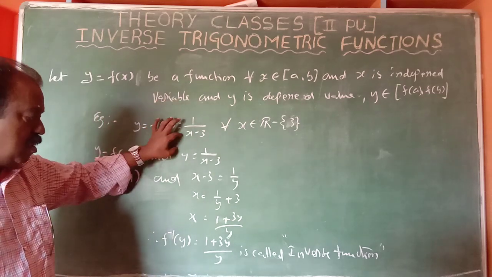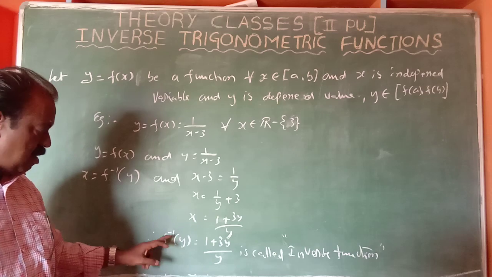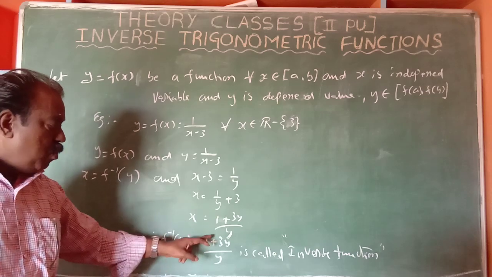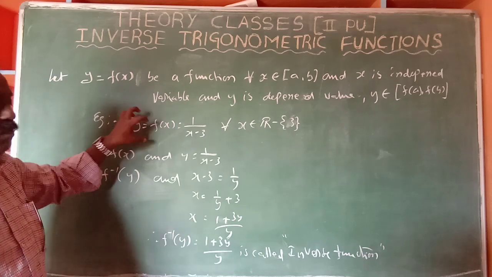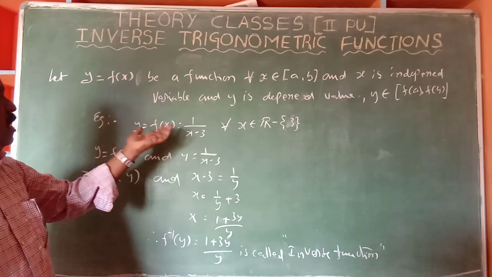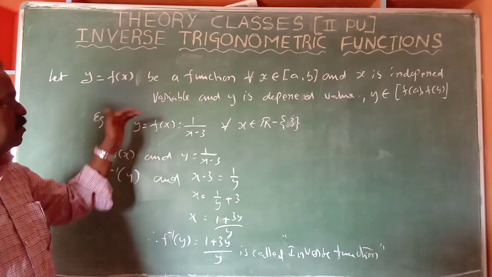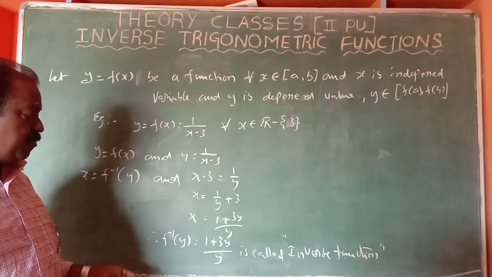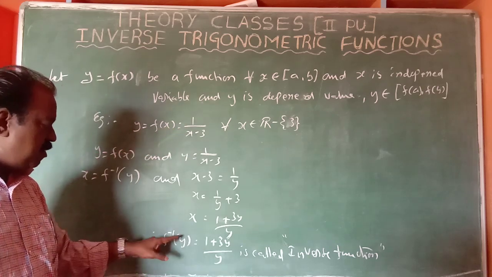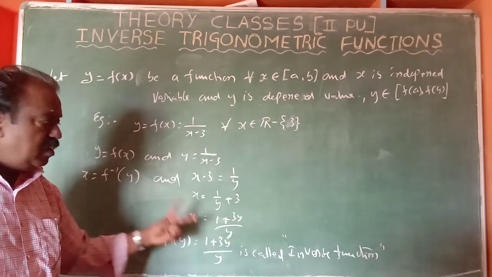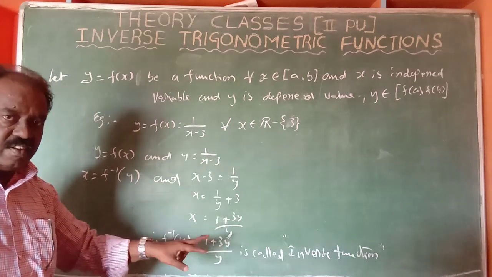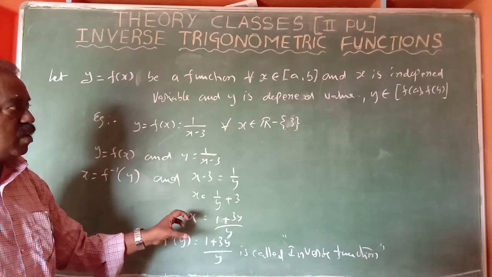Whereas f inverse of y, 1 plus 3y by y, is called the inverse function of this one. Here y is in terms of x. Here x is in terms of y. f inverse y means this is x, x in terms of y. It is reversed. It is inverse. So it is called an inverse function.